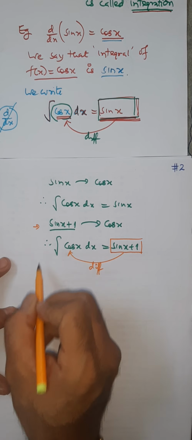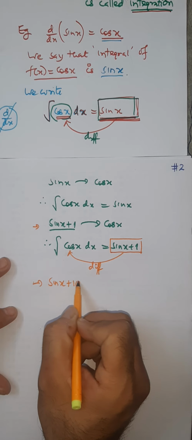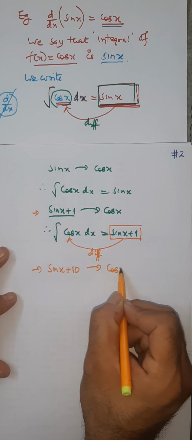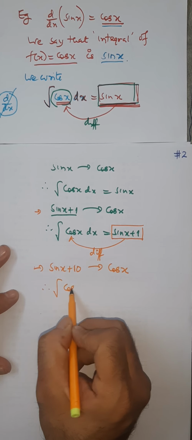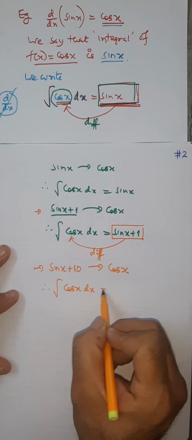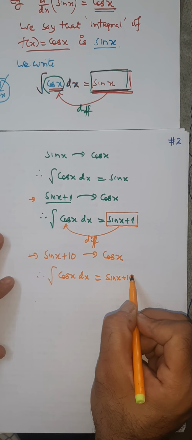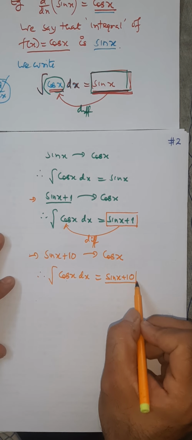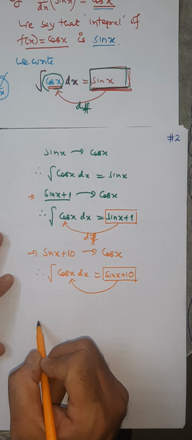One more example: sin x plus 10. If I differentiate this, you will get cos x. Therefore the integral of cos x can also be sin x plus 10. Why? You differentiate this function, I must get this.